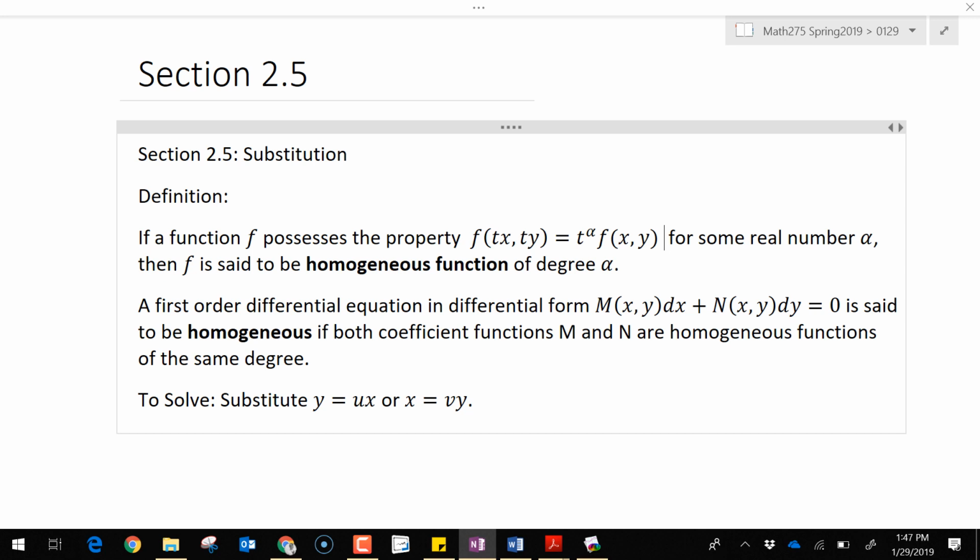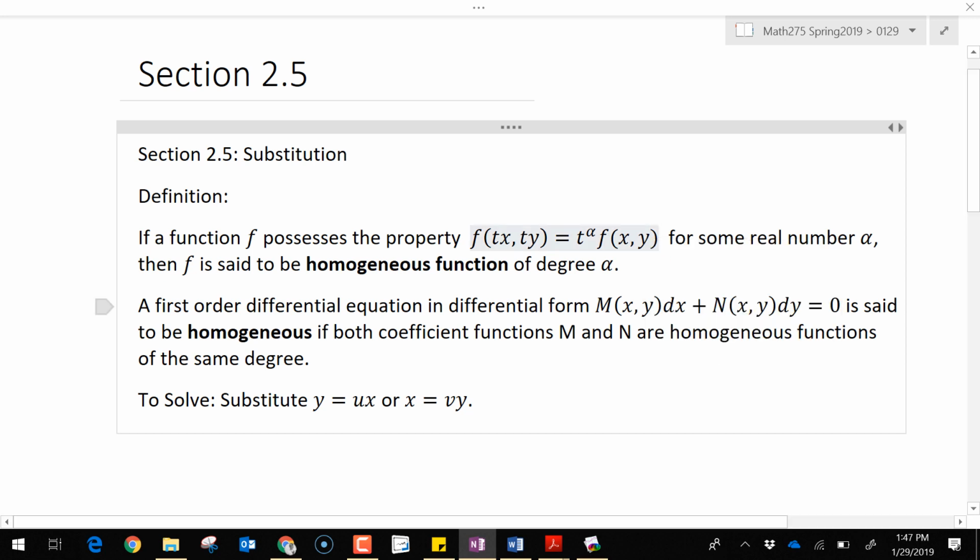Anyways, this is a homogeneous function if it has this property.